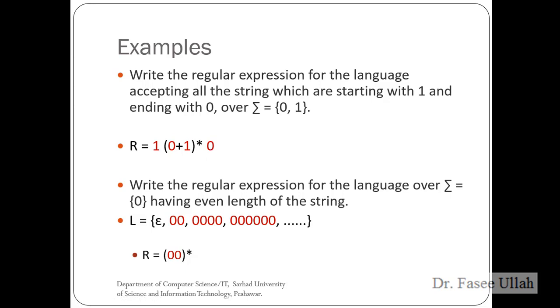Next example: write the regular expression for the language from the set of zeros having even length of string. Before going to the answer, usually we think of the definition of even length: it could be 0, 2, 4 and so on.